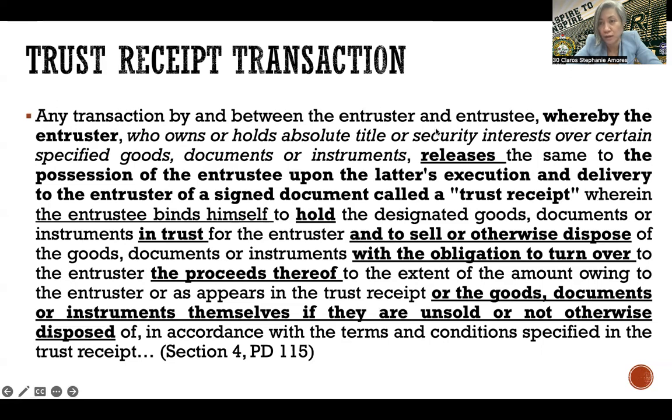So don't forget the important clauses, guys. That will be the parties and what the entruster will have to do, which is to release the goods. And on the part of the entrustee, he will have to execute and deliver the trust receipt. The second clause of the definition is the obligations of the entrustee. So that must be mentioned in your definition of a trust receipt transaction.